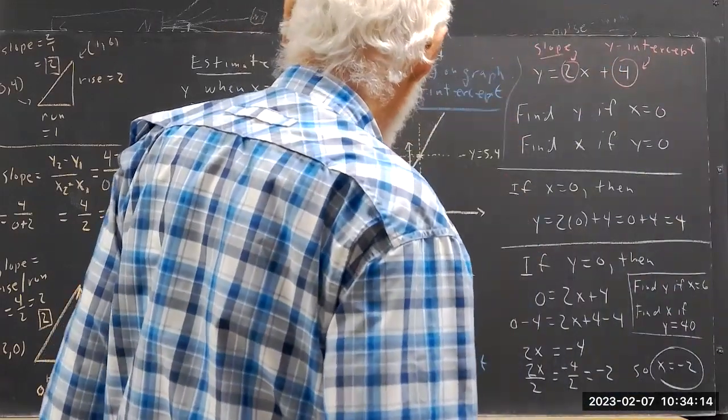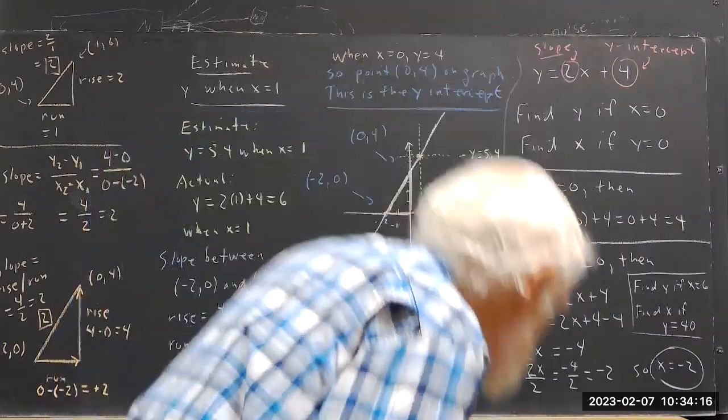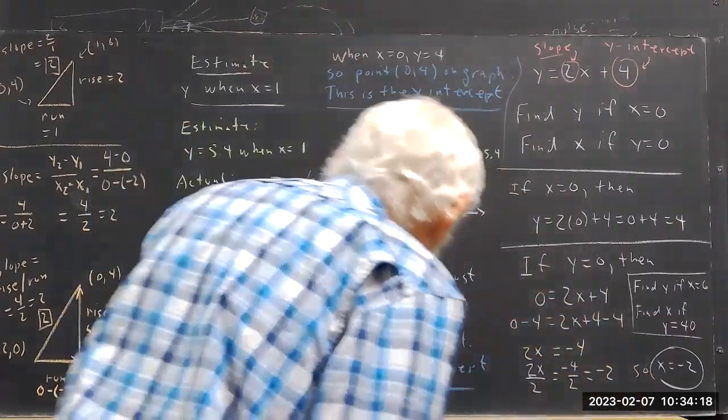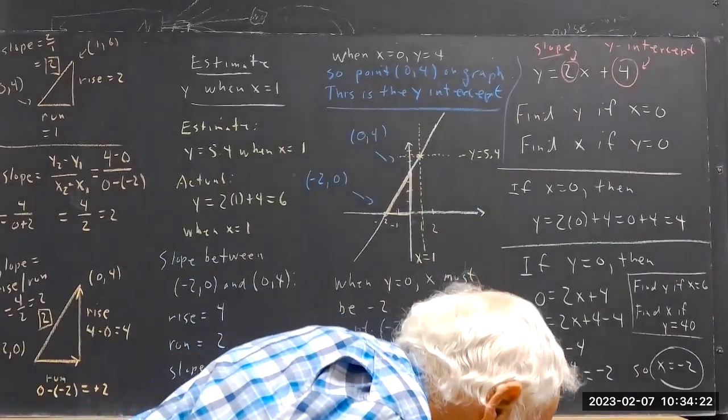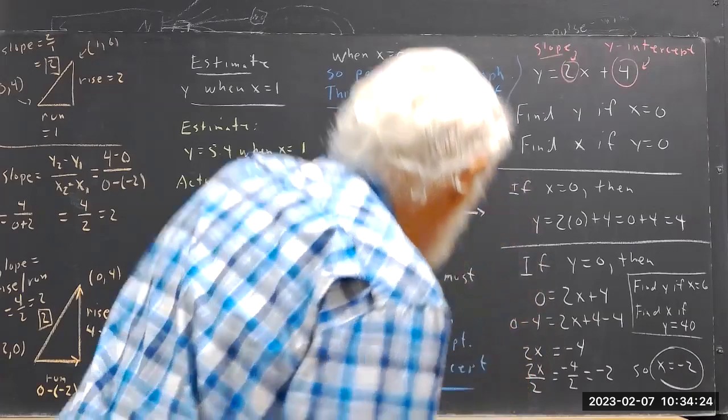So in general, the equation of a straight line looks like this.